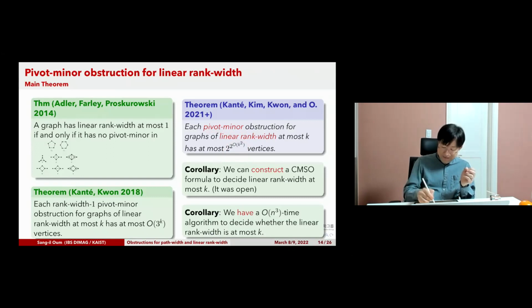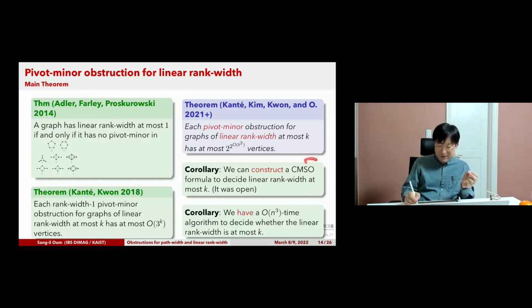So as a corollary, we can actually construct a logic formula that decides whether or not linear rank width is at most k. And as far as I know, this is something new. Until this theorem was proven, we didn't know how to construct it. We knew such a formula exists because of well-quasi-ordering, but we didn't know how to construct it.